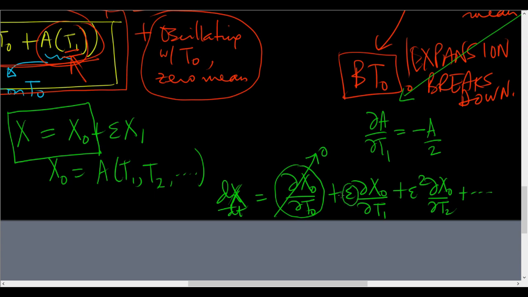Okay, that is why we have finally dA dt is equal to epsilon times this, and so minus epsilon A by 2, and that is exactly the same that we got from averaging.